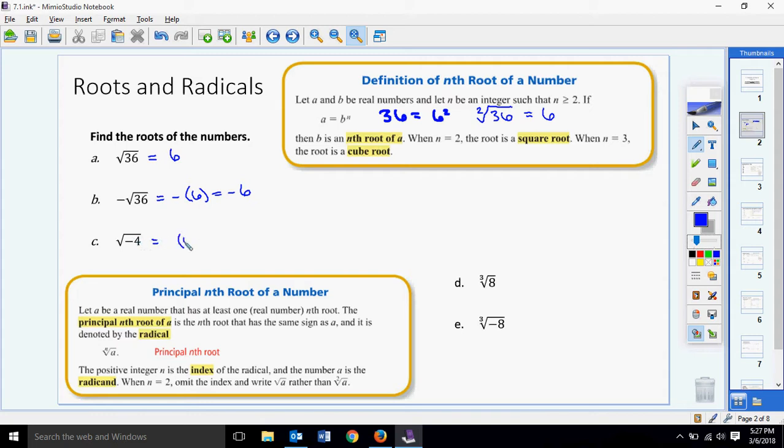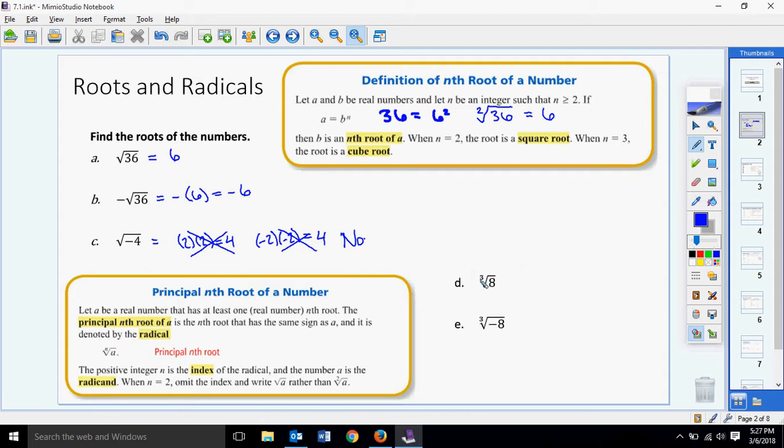Well, it can't be a 2 and a 2, because a 2 and a 2 would give me a positive 4. It can't be a negative 2 and a negative 2, because that would give me a positive 4 as well. So there is actually no square root of negative 4.